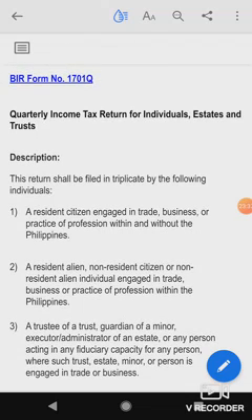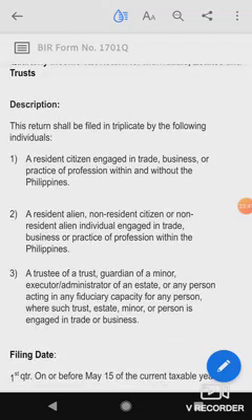1701Q. This return shall be filed in triplicate by the following individuals. 1. A resident citizen engaged in trade, business, or practice of profession within and without the Philippines. 2. A resident alien or foreigner, non-resident citizen, or non-resident foreigner or alien individual engaged in trade, business, or practice of profession within the Philippines.